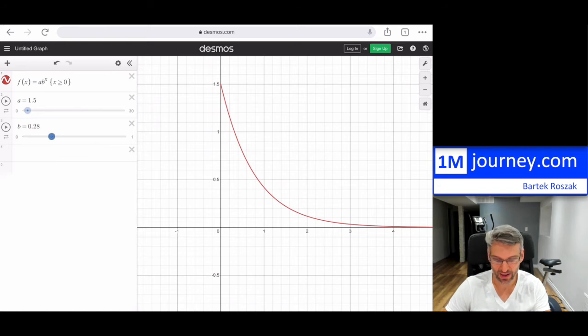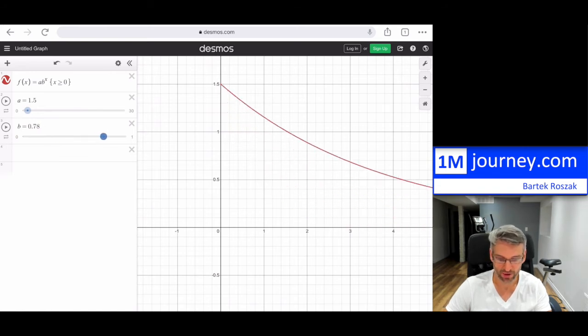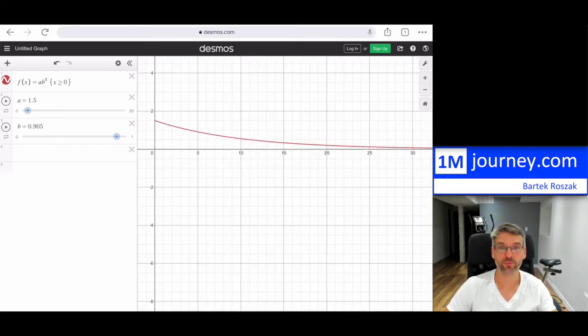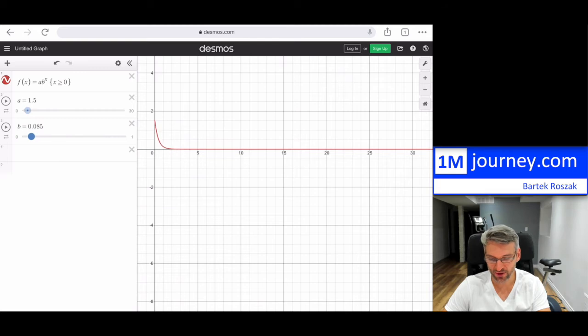Now, if b gets closer to 1, you notice that it doesn't decay as quickly, but it still decays over time and eventually does get into that 0 range and gets closer and closer. So that's what happens here. When b is between 0 and 1, it's called exponential decay because it's always decaying towards 0.